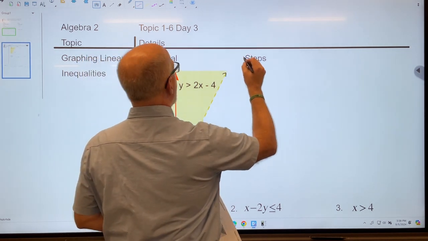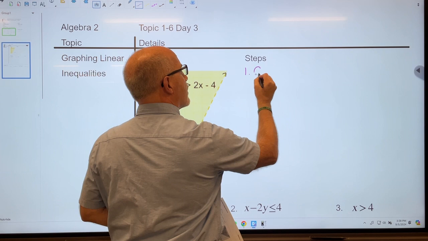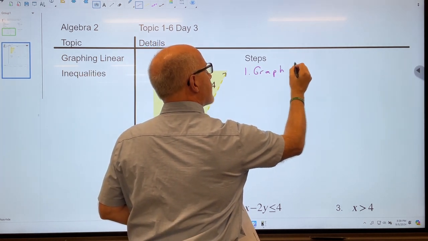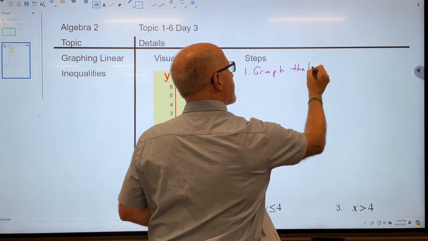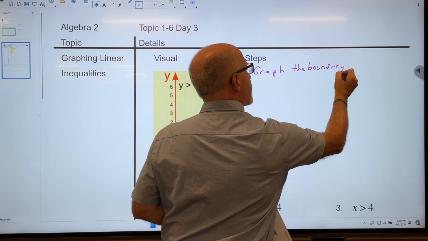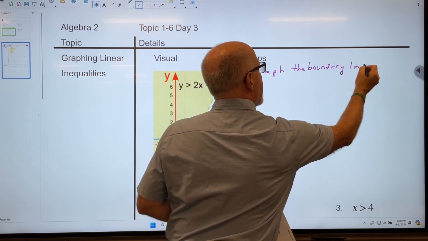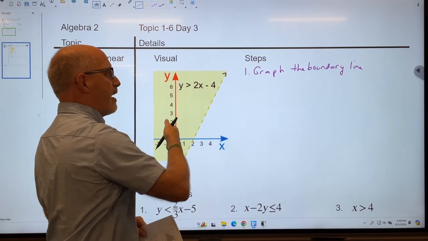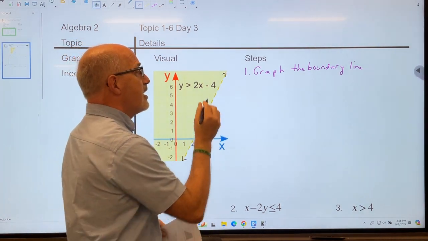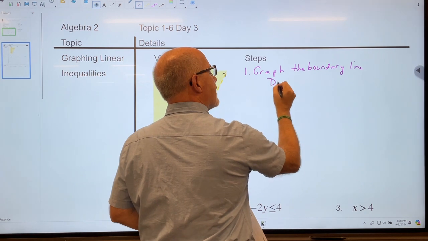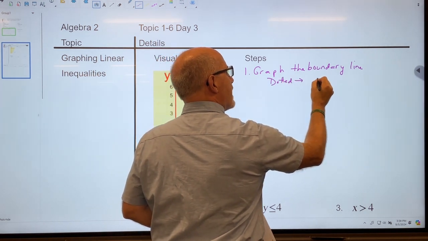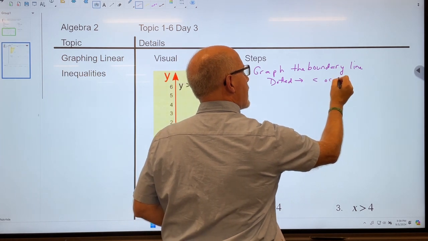First of all, you want to graph the boundary line. When doing that, you're used to graphing lines, but you have to decide: is it dotted or is it solid? You'll know it's dotted when it's either a less than or a greater than.